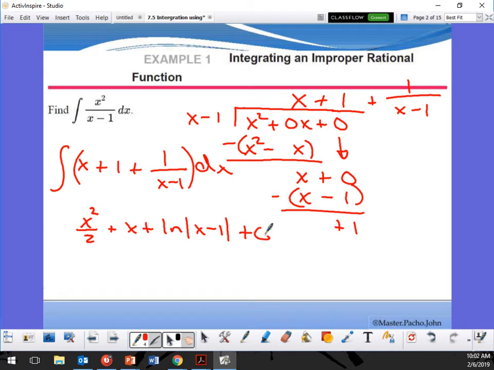Why am I putting the absolute value there? It can't be negative, so it has to be the absolute value. All right, are we okay now? All right, so that's the answer for that one.